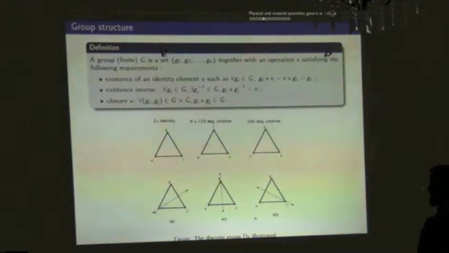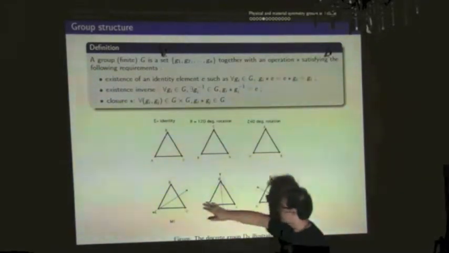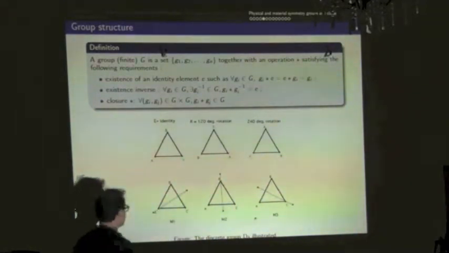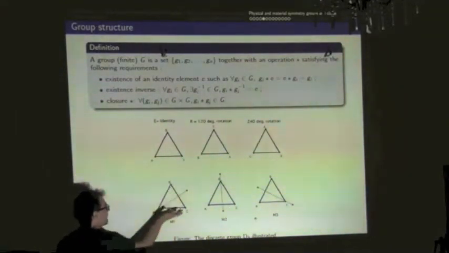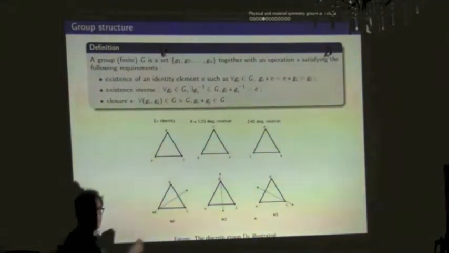And aside from these rotations, as can be observed here, I have some mirror operations. Taking my triangle, if I flip B and C, I will obtain at the end the same triangle.